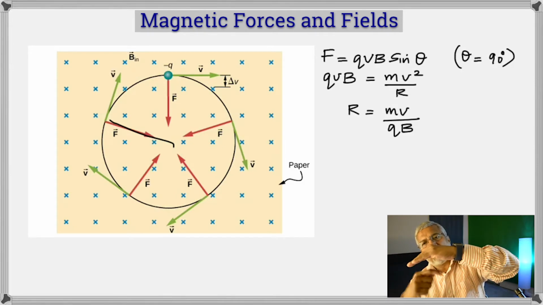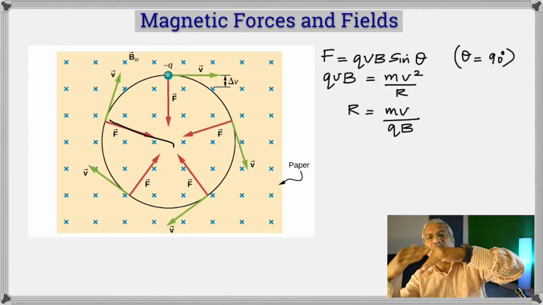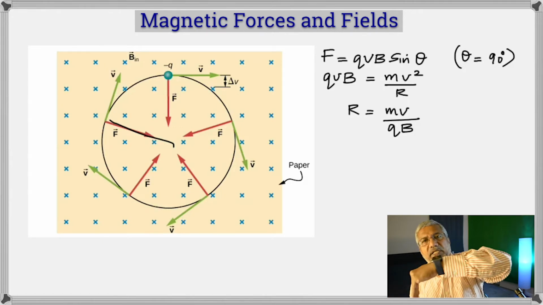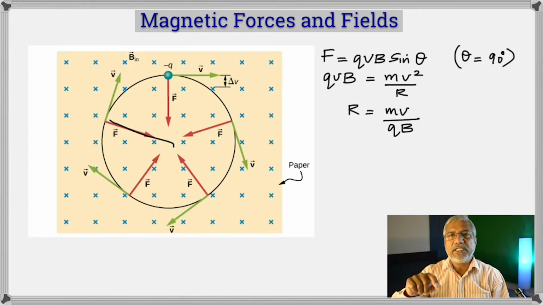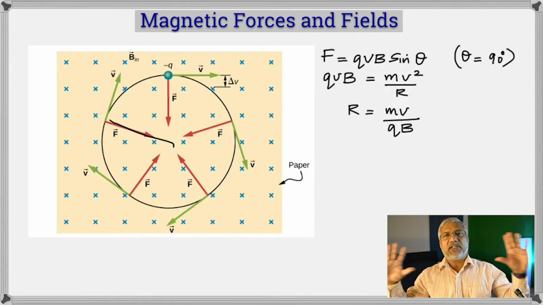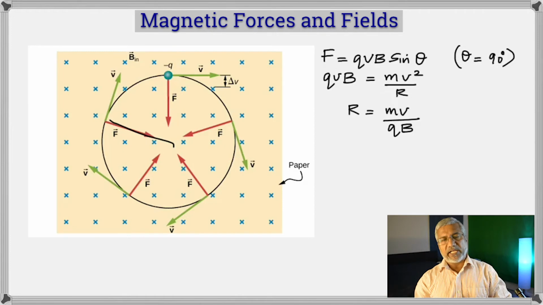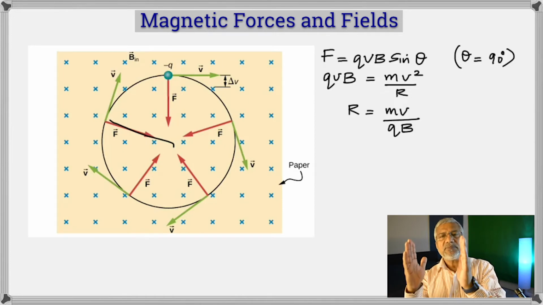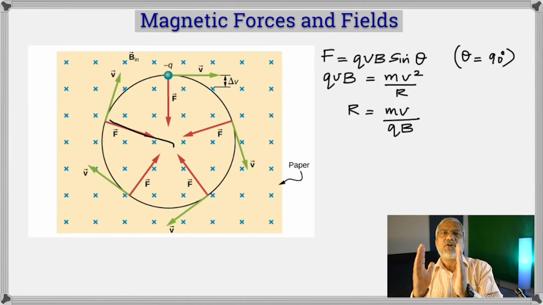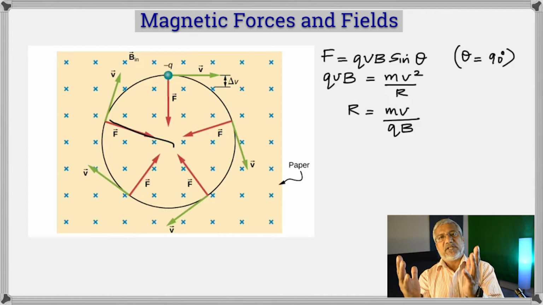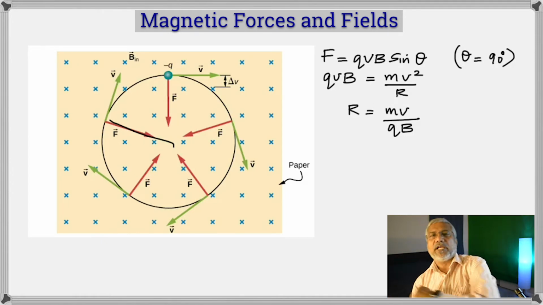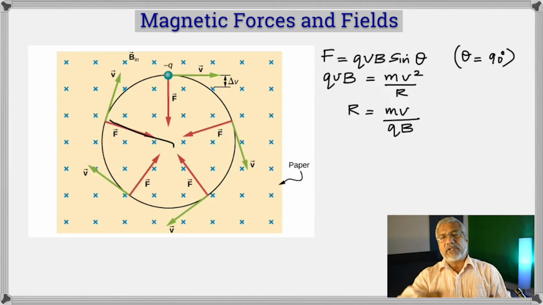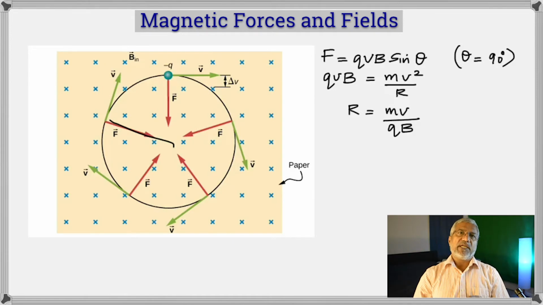When it bends, the force also bends, because the force is always at right angles to the motion. So that keeps on happening, and finally the charged particle is compelled to move in a circular path if the magnetic field is spread out in a wide area. Otherwise, if the magnetic field is only in a shorter space, or smaller space rather, it would just curve and go away. But if it's in a wider area, it will make a circular path, okay?